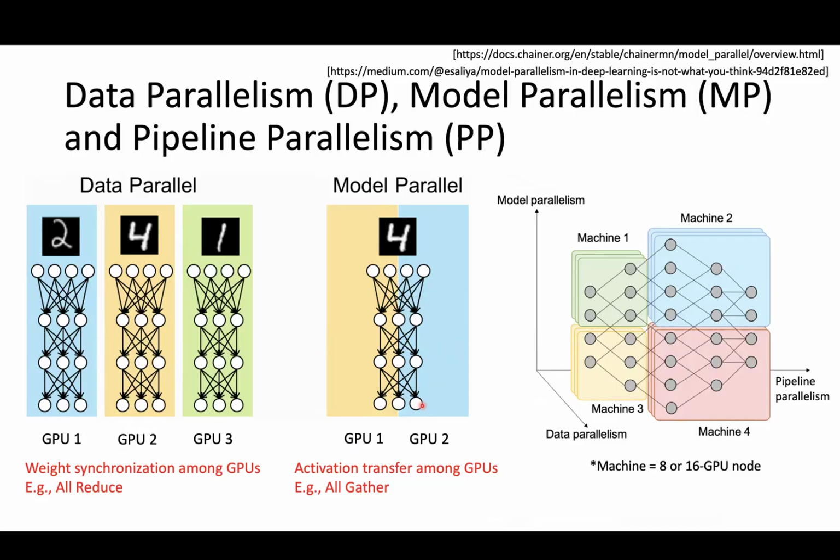However, inside of GPU node, between GPUs, we have NVLink. So we usually apply model parallelism inside of GPU node when we benefit from NVLink. But pipeline parallelism can reduce the communication overhead by doing communication every n layers, not every layer.